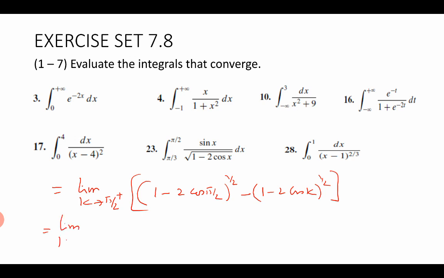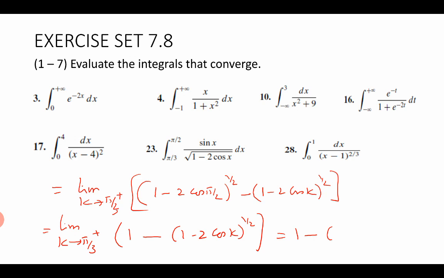This integration is 1 over 2, from k to pi by 2, u to the power negative half du. The answer is the limit k approaches pi by 3 from the positive direction. The 1 by 2 you can keep outside.